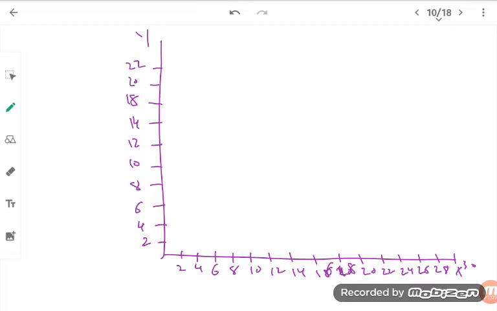Okay, combinations of U1: 3 and 12, 4 and 7, 6 and 4, 9 and 2, and finally 14 and 1.